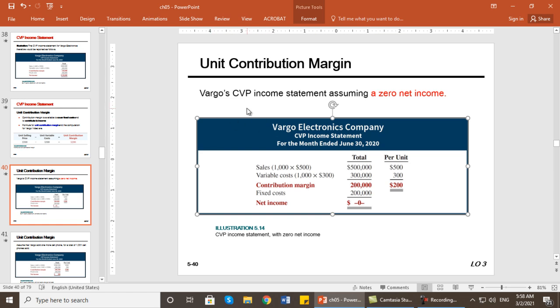So when we sell only 1,000 units, we realize zero net income. This is called the break-even point.